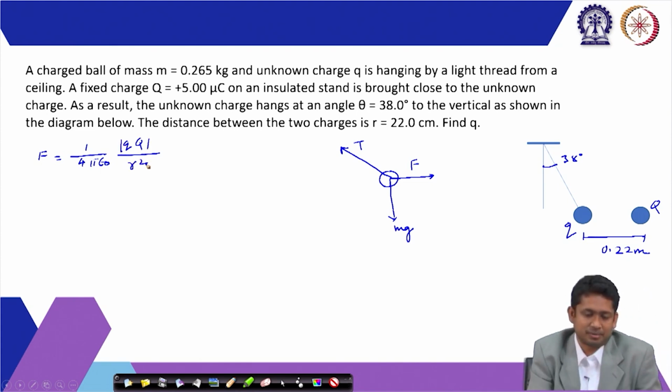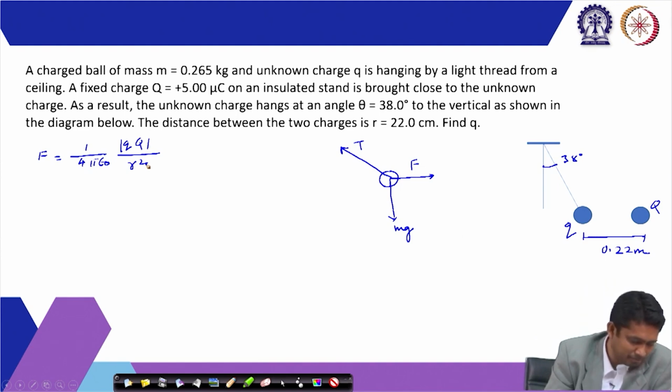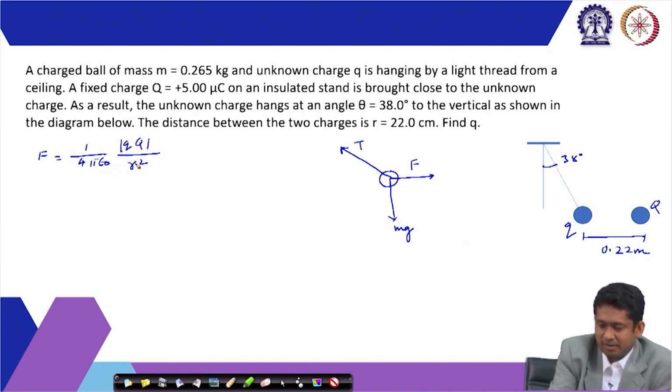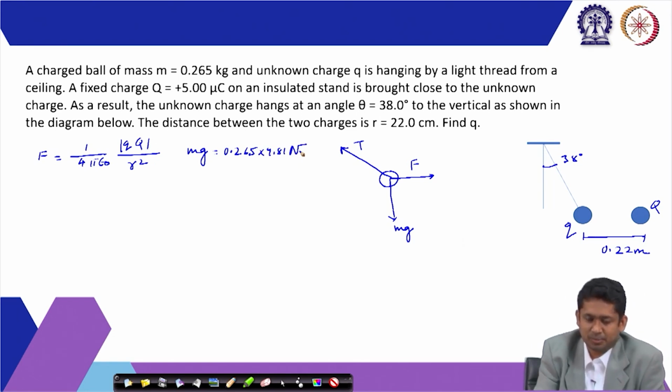Here we are concerned with the magnitude only. We know epsilon 0, Q and r. T is not known to us, mass is given to us. So, mg is 0.265 kg multiplied by 9.81, that gives us the weight in Newton.